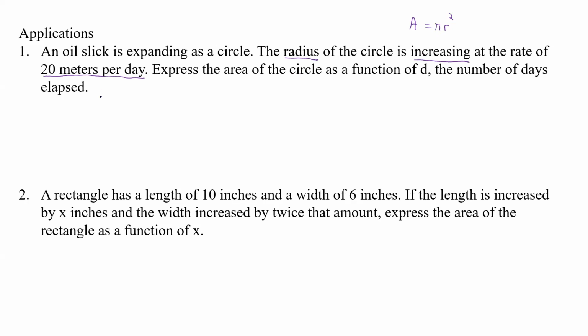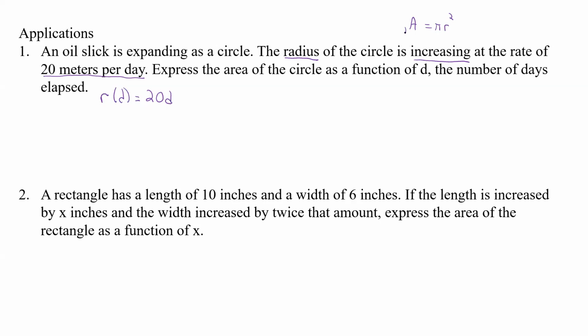So if we write a function for the radius as a function of days, every day is going to be an extra 20 meters. So it's going to be 20 times however many days it is. If it's day 1, it's increased by 20 meters. If it's day 2, it's increased by 40, and so on. And so that's going to be our function for the radius.